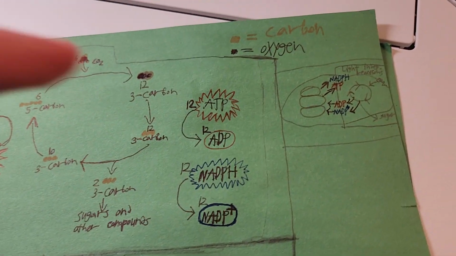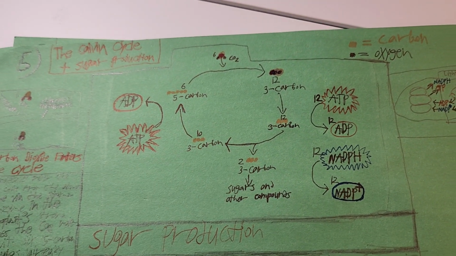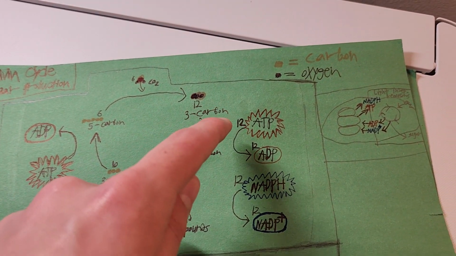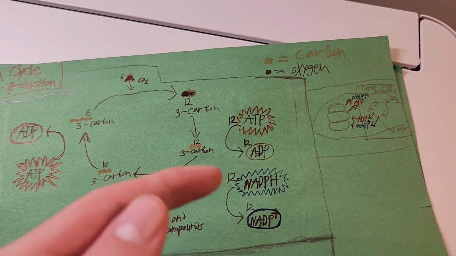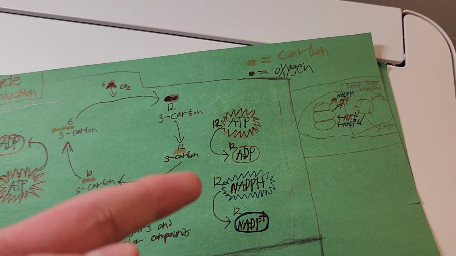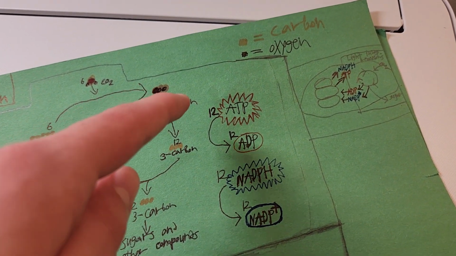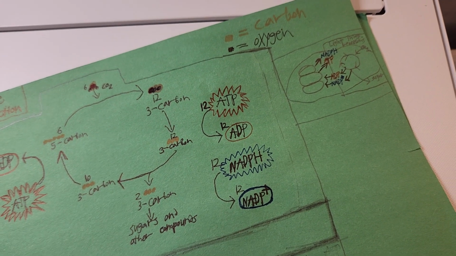Again, remember, these energy carriers are what the cycle needs to even happen in the first place, since it doesn't use light. However, unfortunately, this cycle requires some of the energy of ATP and NADPH to be used, which results in them converting back into ADP and NADP plus respectively.